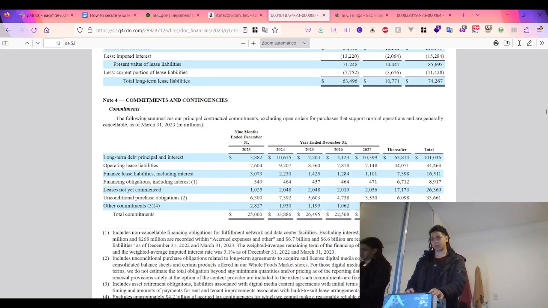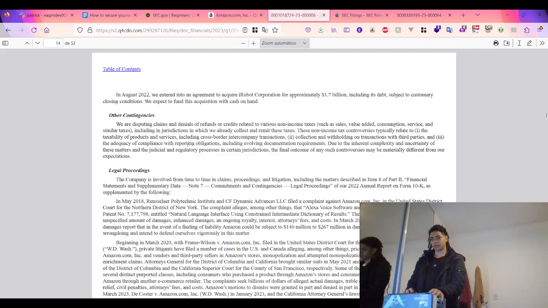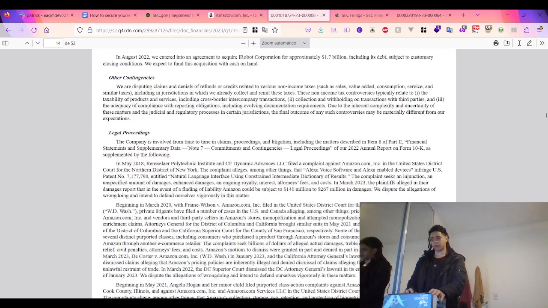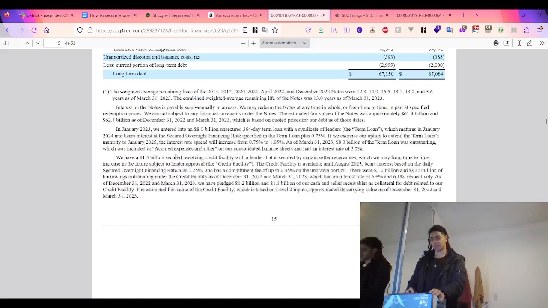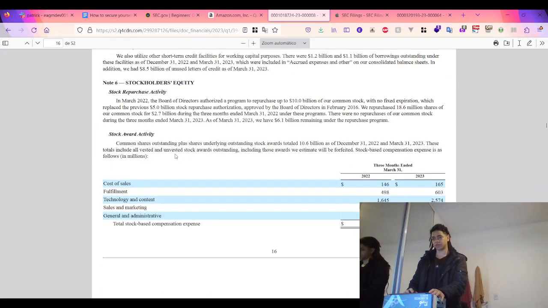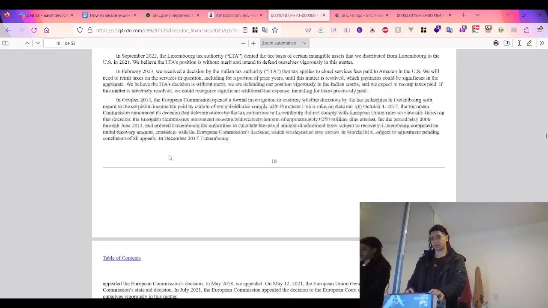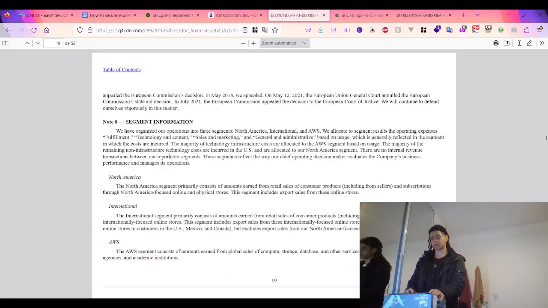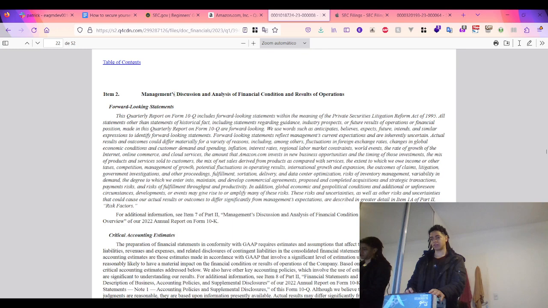Commitments and contingencies. Then stockholders' equity, stock repurchase activity, stock award activity, income taxes, segment information, and then they jump here to management's discussion and analysis.